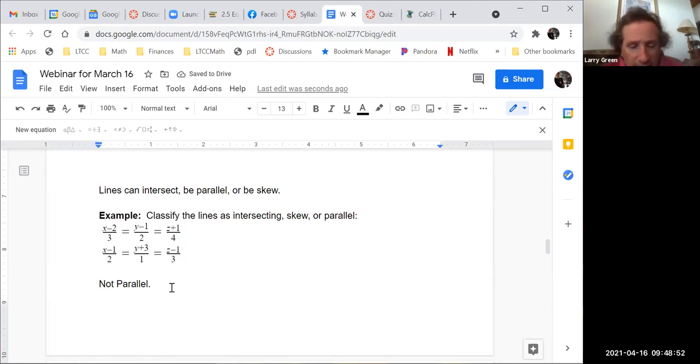We know that for the first line, x is equal to 3t minus 2, because we set them all equal to t. And y is equal to 2t plus 1.